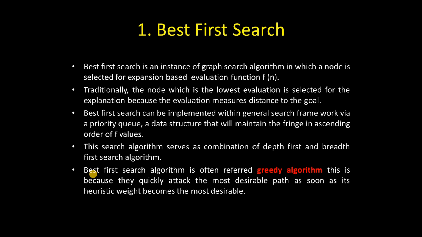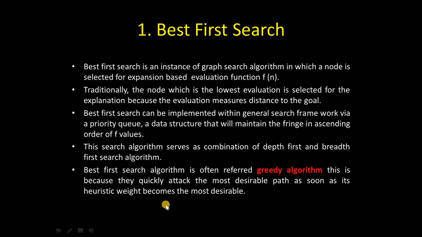Now we are moving on to the first algorithm in the category of informed search, that is best first search. Simply put, this algorithm resembles the BFS method. Best first search is resembling breadth first search. That means we implement this technique using a queue, and the simple difference is that here each node is assigned a cost value, and some guesses are made with respect to these cost values, and the procedure is the same. The only extra thing is the node cost.